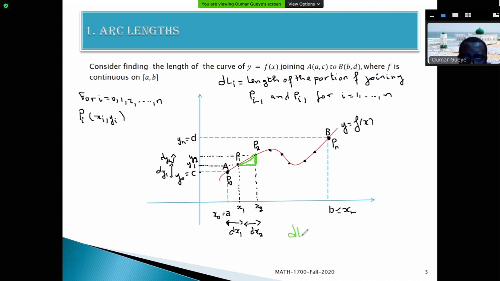So dl2, which is the length of this curve joining p1 and p2, is approximately equal to the hypotenuse. But the hypotenuse, when it's squared, is going to be dxi squared. Just keep in mind, dxi is the adjacent side of the right triangle. You add here the square of the opposite side of the right triangle.